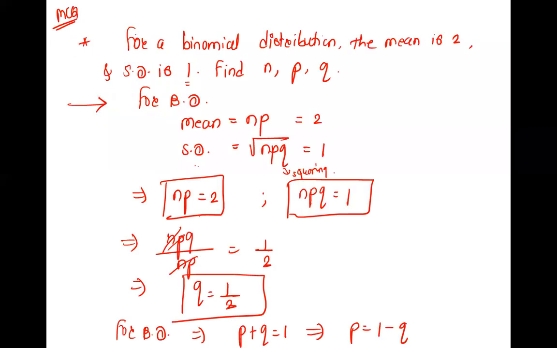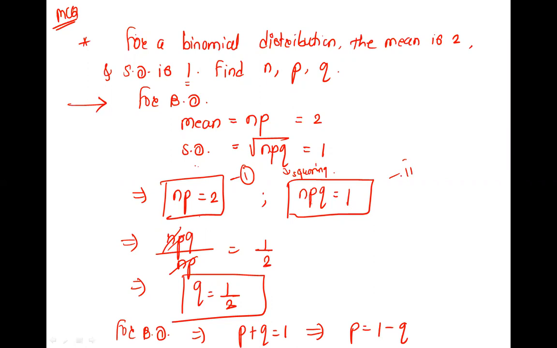Can we find N also? How can we find N? P plus Q is 1, but we want N. NP is 2, because we have P. So if you want, you can call these equations 1 and 2.